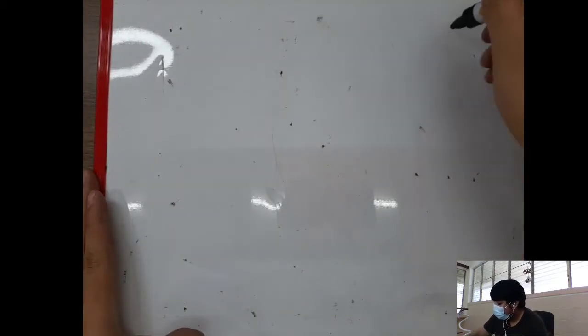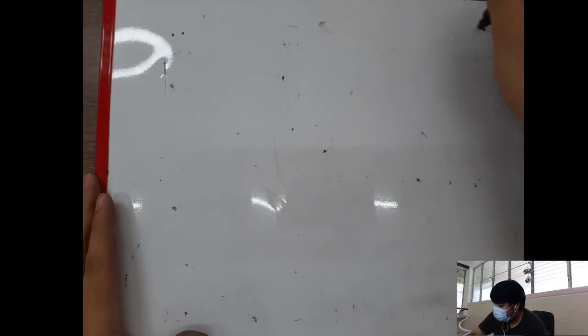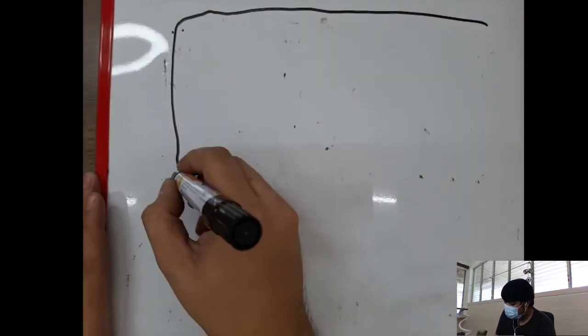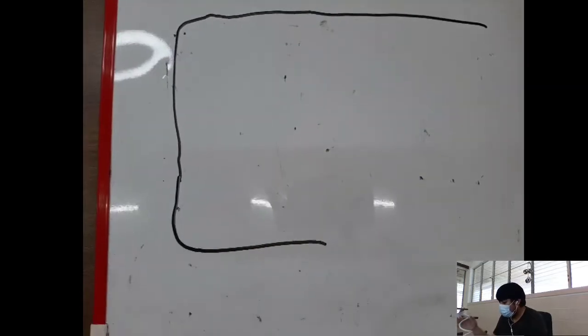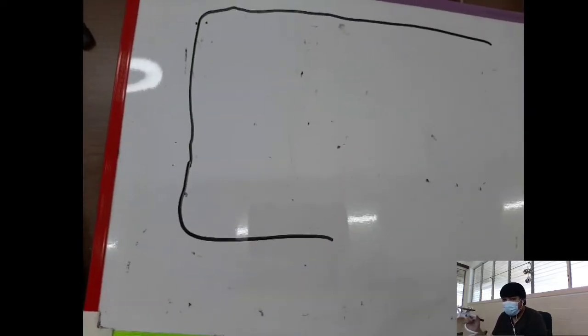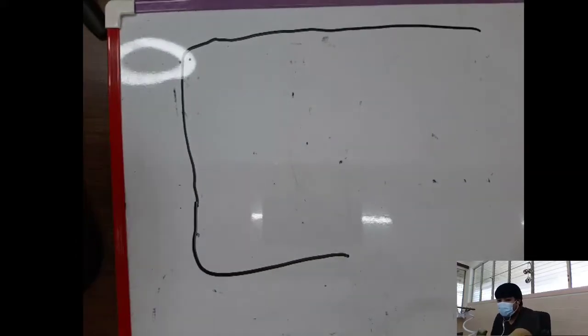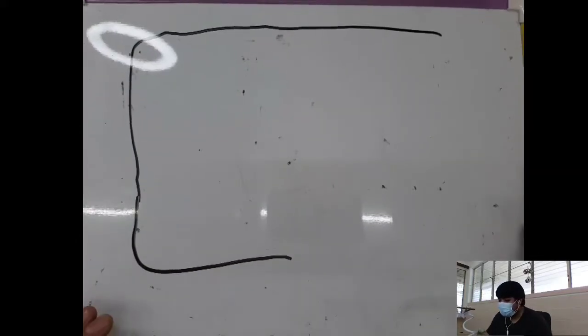Okay, so let's draw our conducting rail again. We'll try to make it bigger. I'll adjust my camera para kakita ka mo. That's it, perfect.